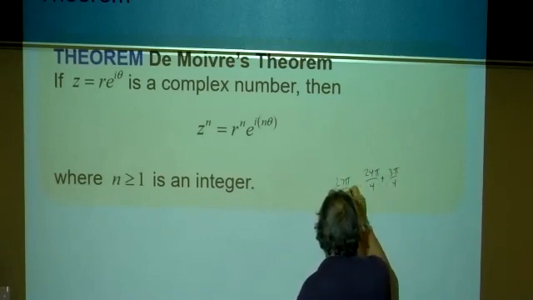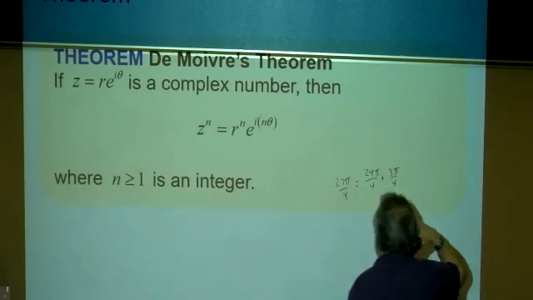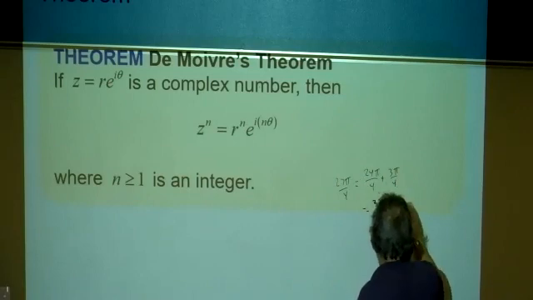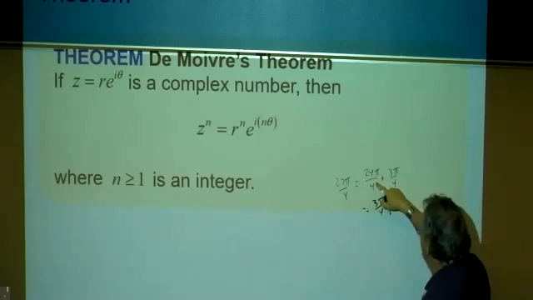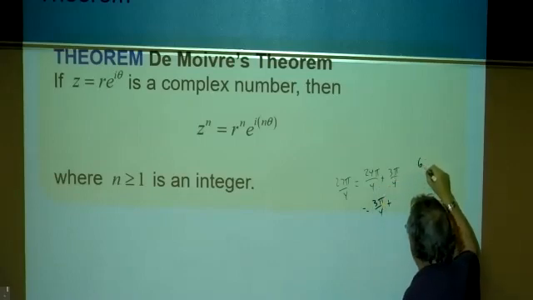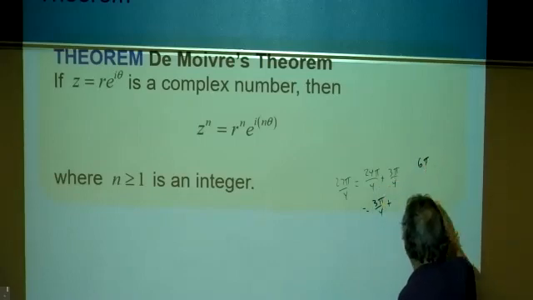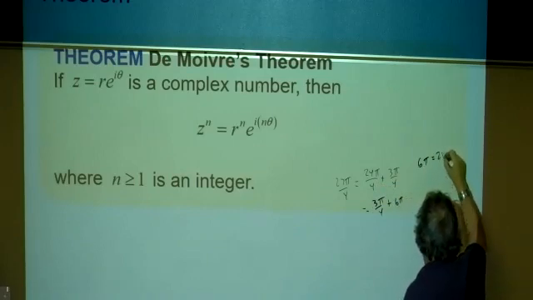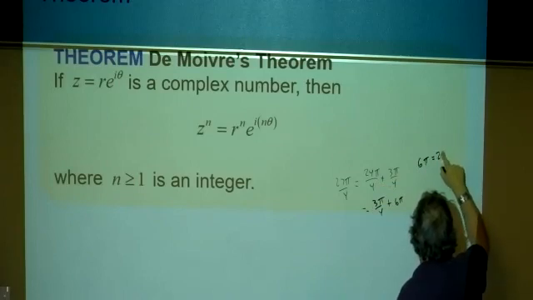I write it as 2 separate things. So I'm going to write the 3 pi over 4 first, because that's less than 2 pi, plus 24 pi over 4, which is 6 pi. And 6 pi is 2 pi times 3, where k is 3.